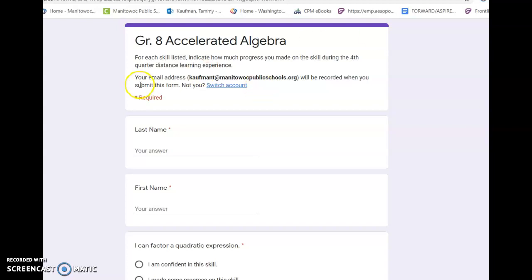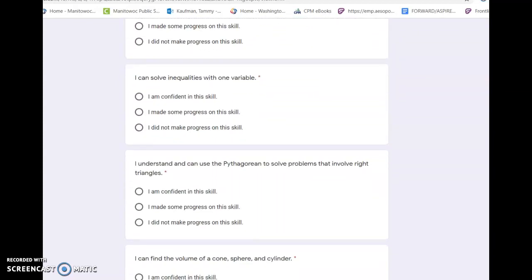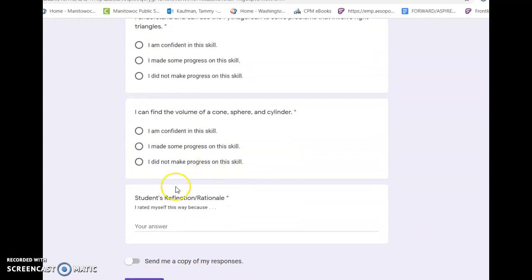So you're going to open up the form, and if you go all the way to the bottom, the last thing it asks for is your reflection, and you only have one opportunity to reflect. You're going to be reflecting overall on how you felt you did.